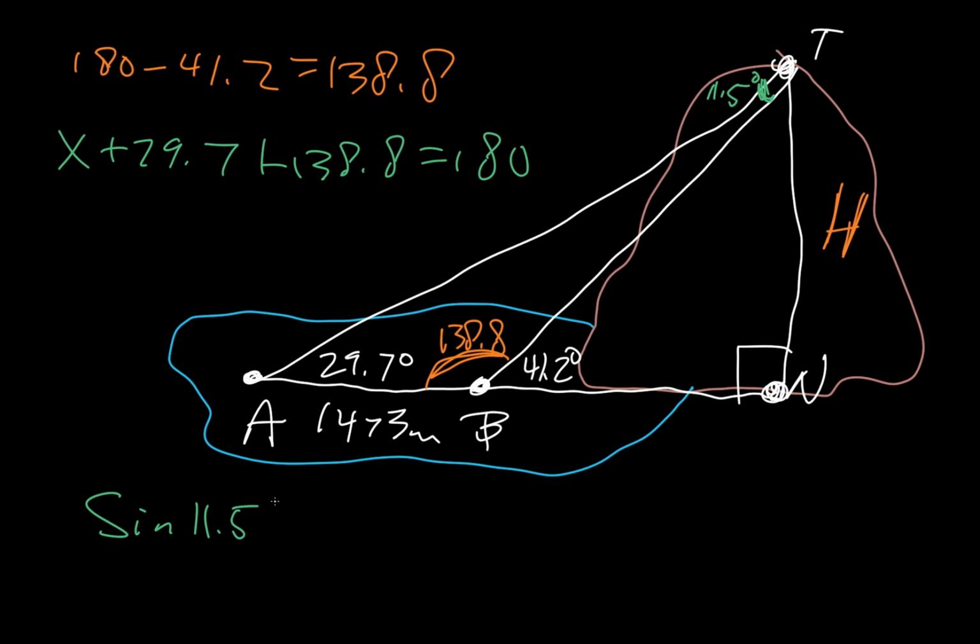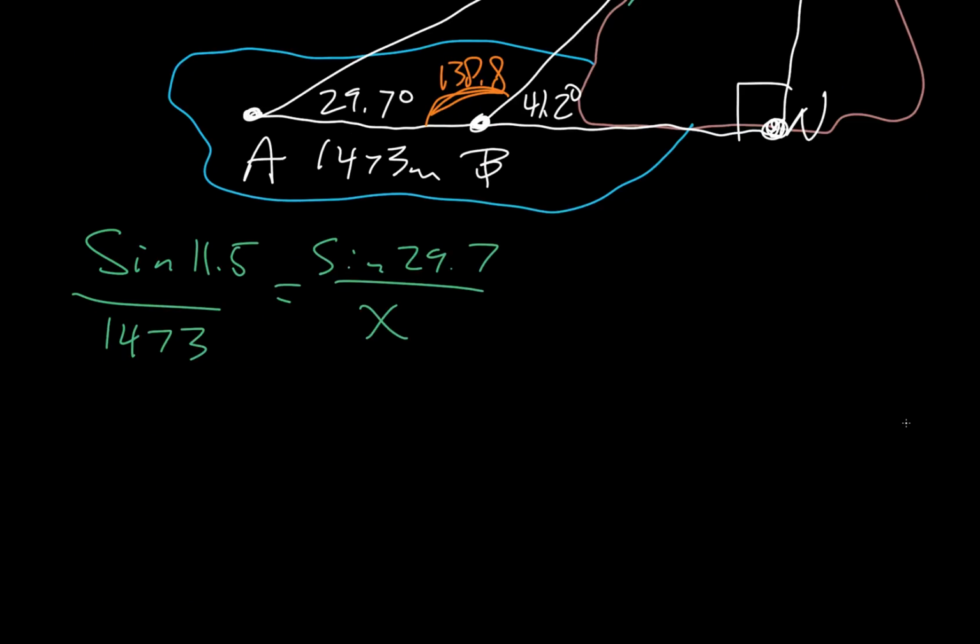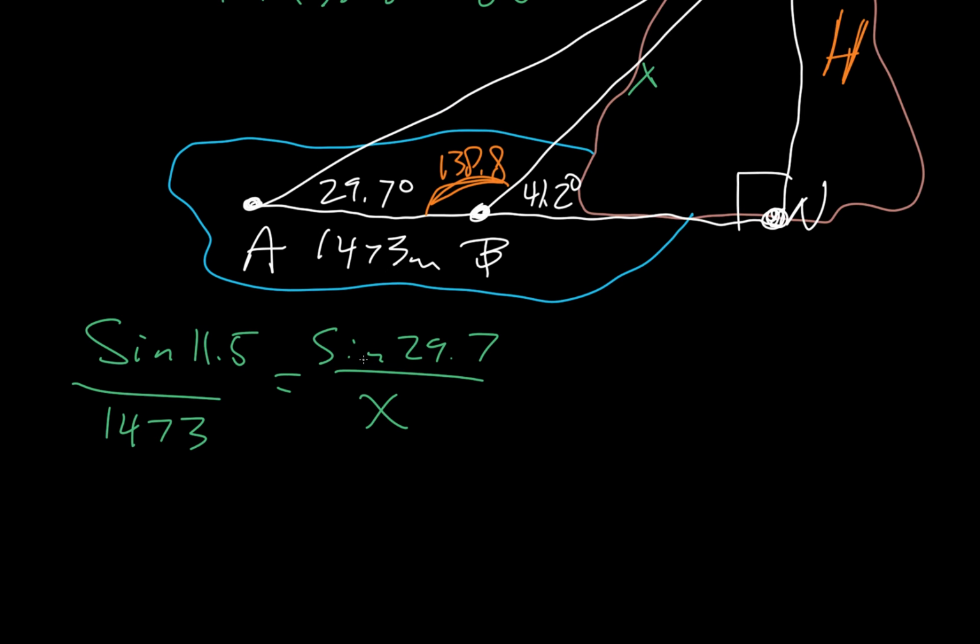Sine of 11.5 and this, remember they have to be opposite, over 1473. And then if I just call this x, we can do sine 29.7 over x. And since I set that up upside down, my first thing I'm going to do is just flip both sides.